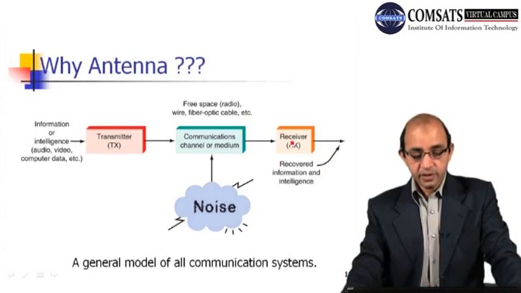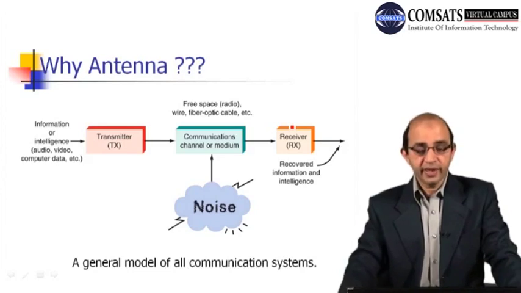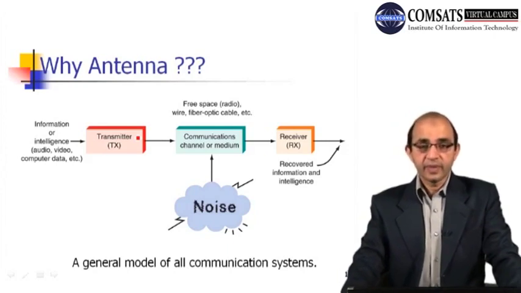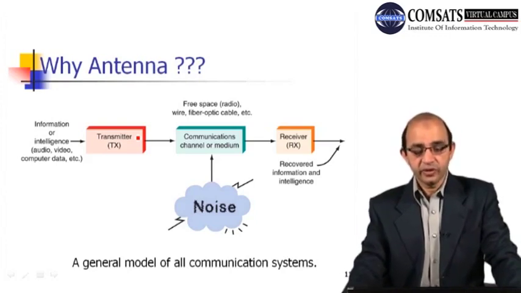If we talk about free space, and we are at the receiver side, the first thing that will come in our way is the antenna, right? And whenever we have to transmit the signal, the last entity that will transmit the signal into free space is actually the antenna.